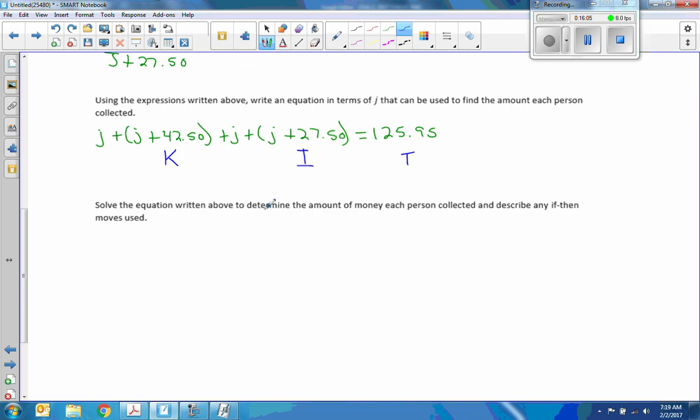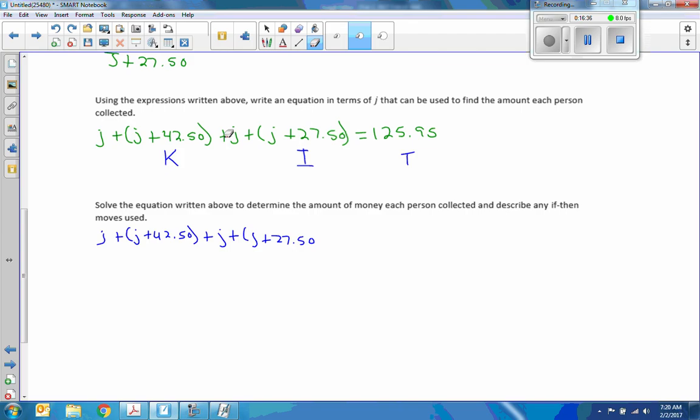Then it says solve the equation written above to determine the amount of money each person collected and describe any if-then move used. Okay, so here's what we would do. We would rewrite that. J plus the quantity J plus 42.50 for Keller's amount plus J plus 27.50. I've got an extra J in there.